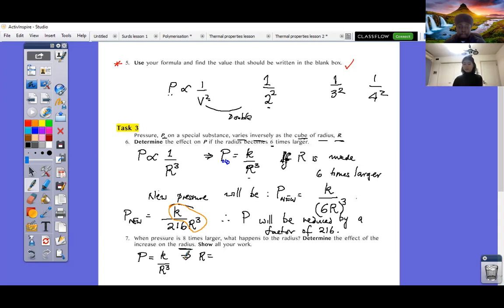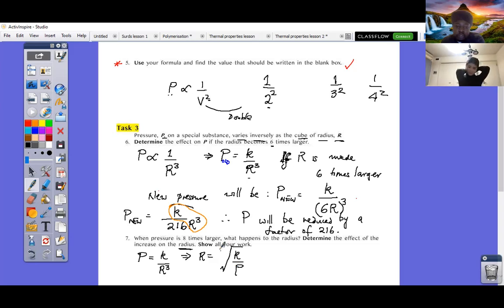I don't know how to. So R would be equal to, a root sign, and it will be K over P. A root that will have a small 3.